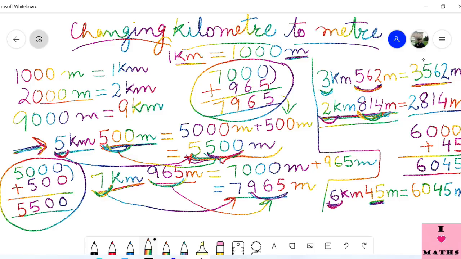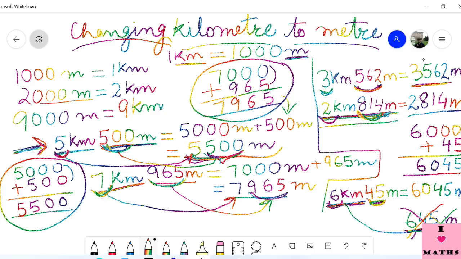Now children, what mistake many children make? They will take 6 from here and 45 from here and they will write down 645 meter, which is absolutely wrong. Why is it wrong? How can 6 kilometer have only 645 meter, beta?